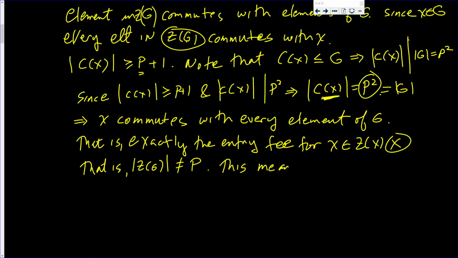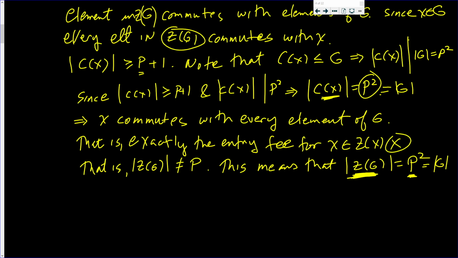This means that the order of Z(G) is p squared, which is the order of G. That means every element in G commutes with every element in G. All p squared elements of G are in the center.